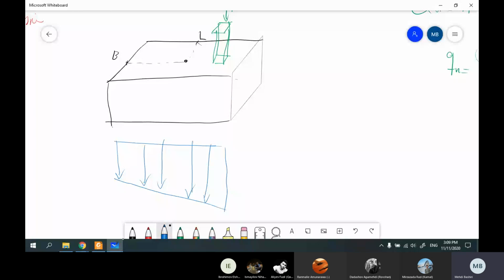For example, here we have sigma, all parts are under compression. Here we have sigma 2, here we have sigma 1. It's obvious that the compressive stress at this part, because of the local pressure of the column, is higher than the stress at the end.